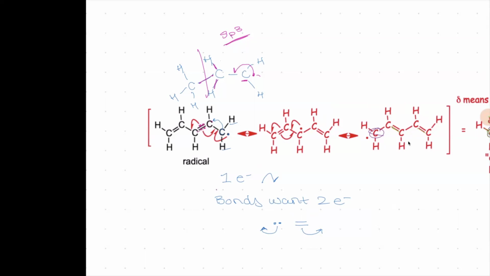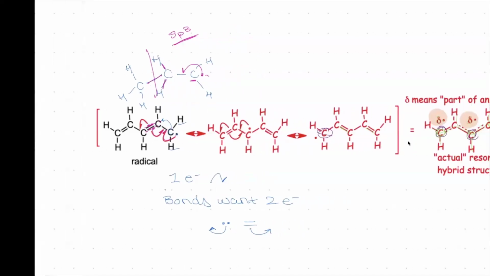I'm oversimplifying this. So you would move this radical in here, and one of these electrons from this bond has to come in to join it. And once it does that, now we have this bond here, and this radical.